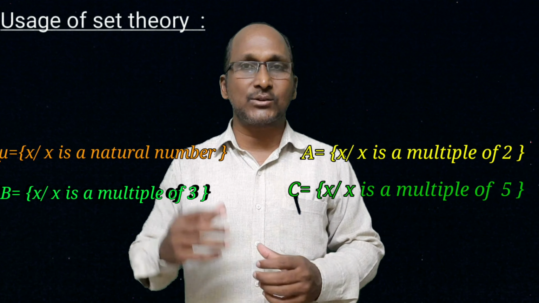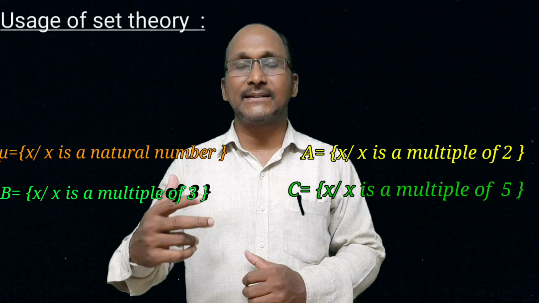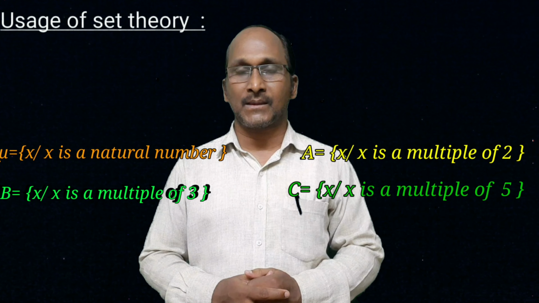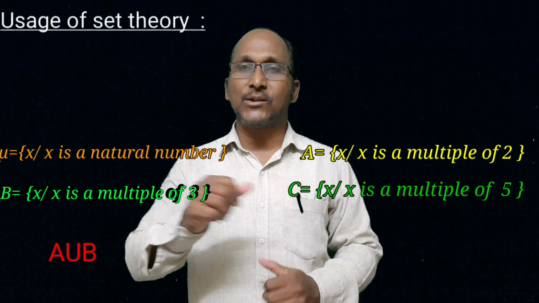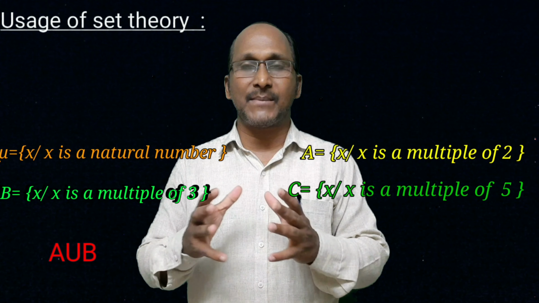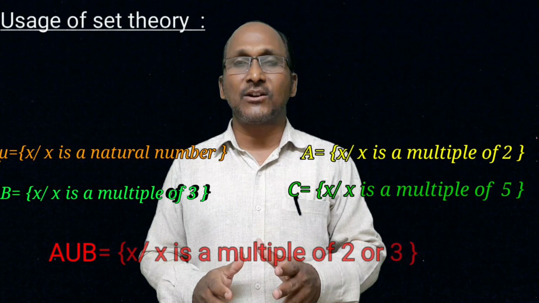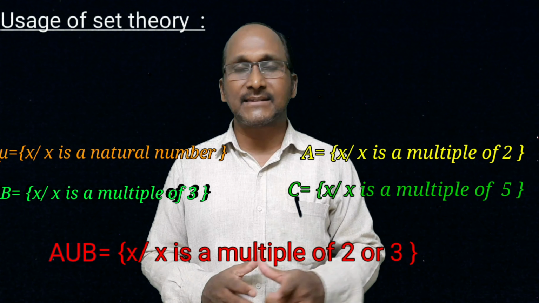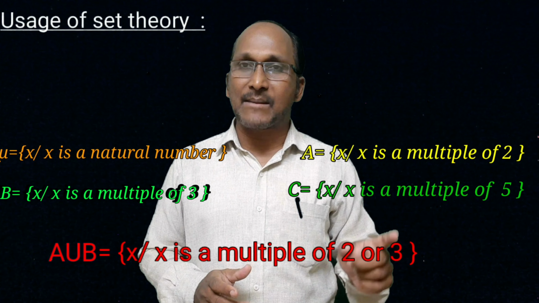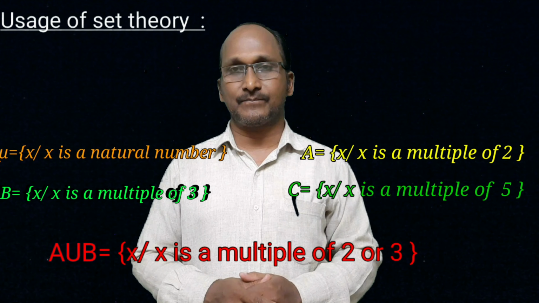Now let us try to understand the meaning of these sets in different combinations. First, let us take A union B. This set A union B gives the meaning in this situation that the set of x such that x is a multiple of either 2 or 3.